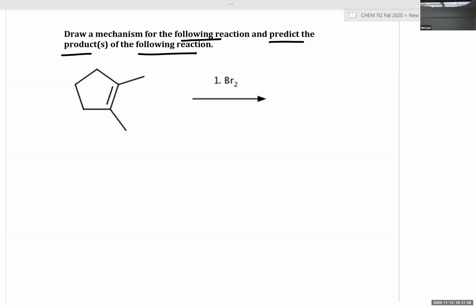So let's try to draw some products and then we'll talk about this example. And really don't be shy to contribute. You can also send me a picture of your proposed mechanism and products, but this is similar to what you'd see on an exam, so you should be comfortable trying to process these examples.